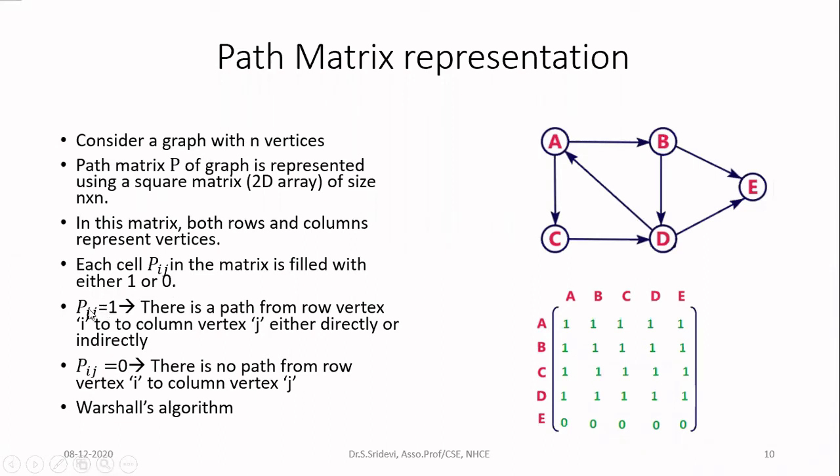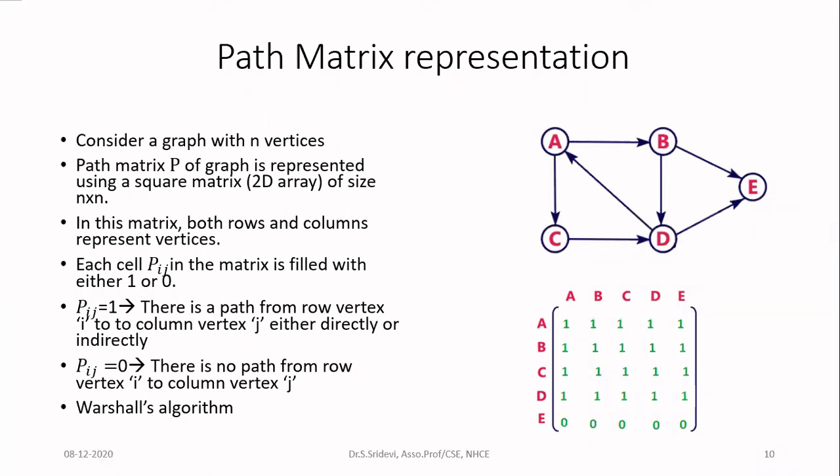If you fill a particular cell Pij with 1, it means that there is a path from the row vertex i to the column vertex j, and sometimes this path will be a direct path by one link, or otherwise it can be an indirect path which will have many links. For example, I can reach from one node to another node directly. In that case, I will write 1. And sometimes I may reach from one node to another node not directly, but through some other intermediate node.